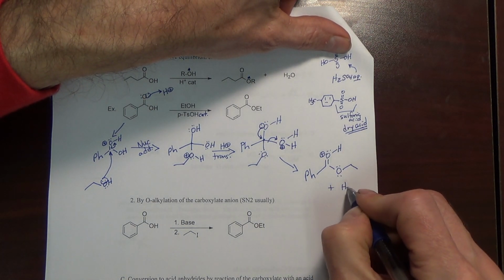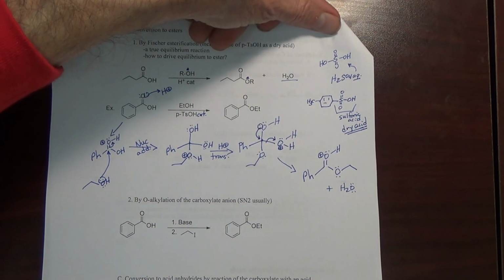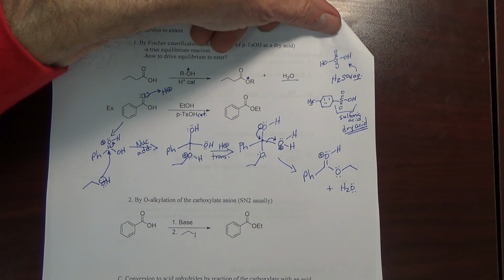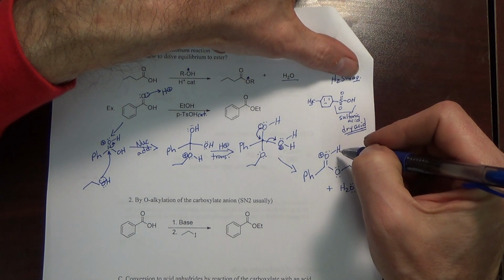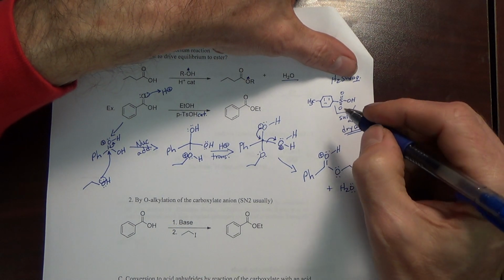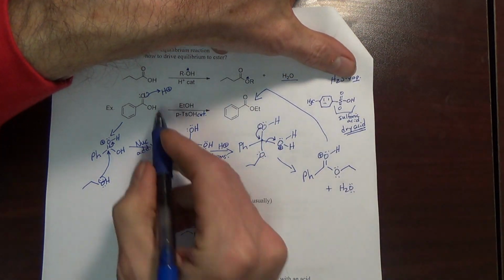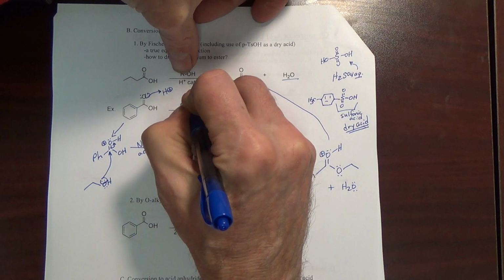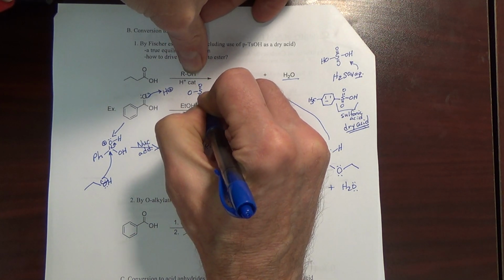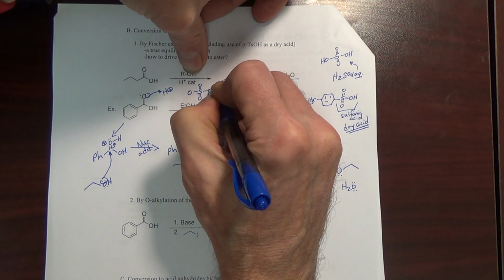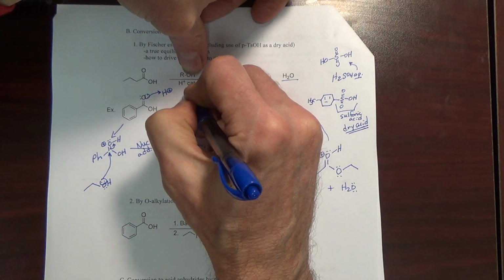Plus water, which we said we would be making. And now something can take the H to go to our final product. Well, what gave up the H? That would be the anion of the toluene group, which I'm just going to abbreviate as phi, phenyl.